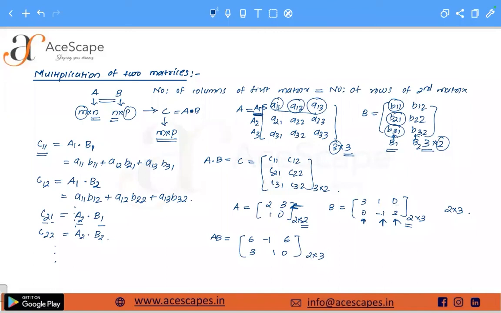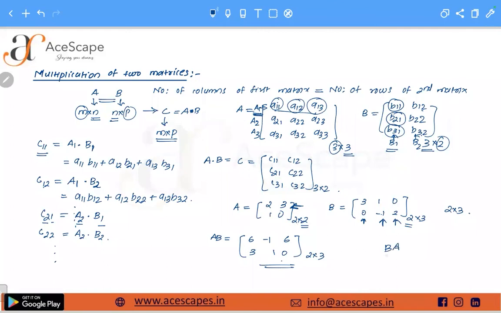One property of matrix multiplication is that you cannot always multiply two matrices. If A into B makes sense, it does not guarantee that B into A makes sense. In this example, we have a 2 by 2 matrix and a 2 by 3 matrix. A into B, we got the product. But can we do BA?